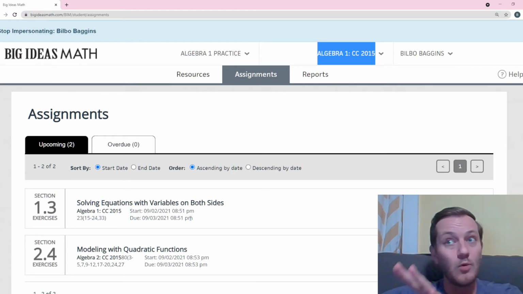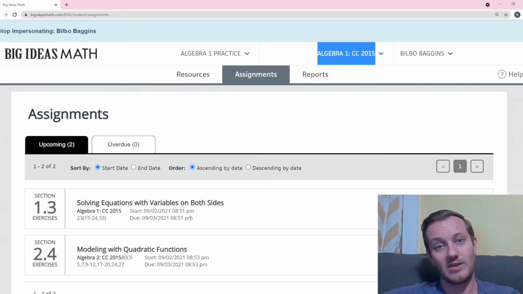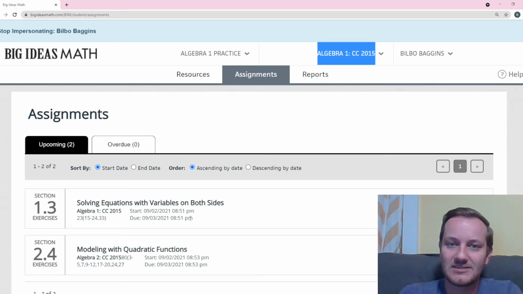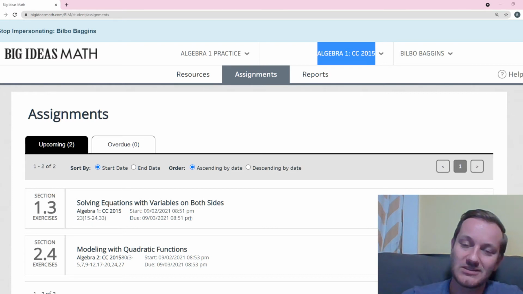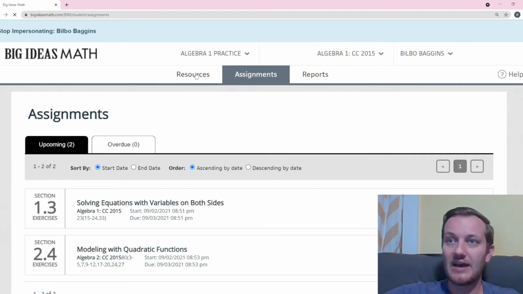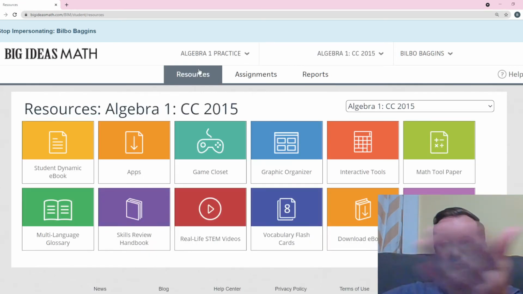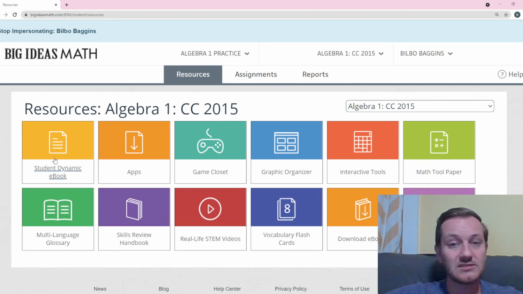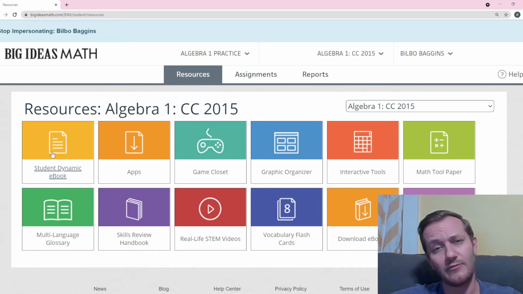When you log in, you won't see anything yet, because weirdly enough, I can't post an assignment unless I have a student to give it to. And so I made Bilbo Baggins here. As far as what's available to you for resources, you can access the textbook this way if you want. It's more than what I print out for you and give you in class.